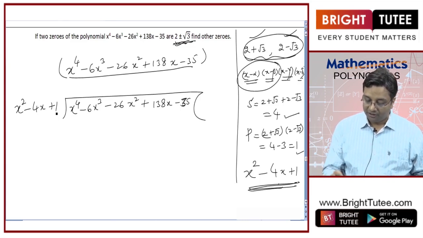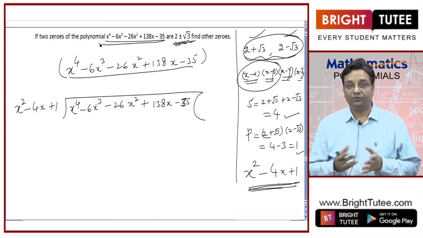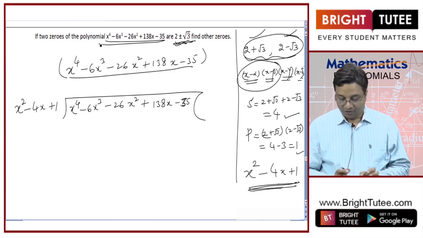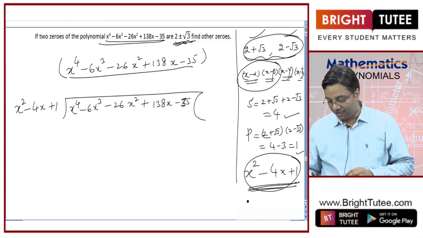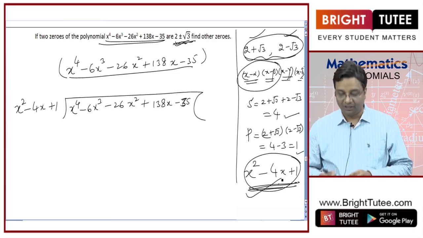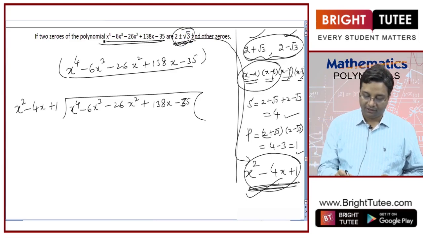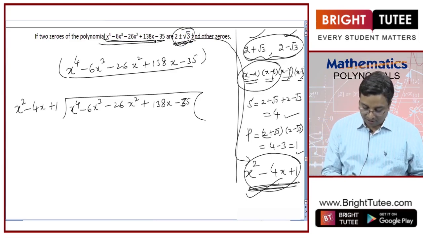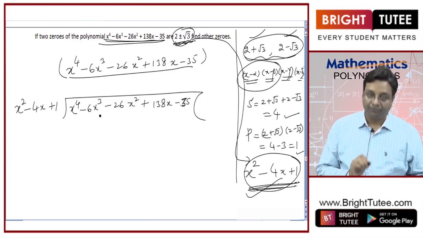It is because this biquadratic consists of two factors, let's say, out of which one is this one. We are finding the second factor. And why do we know that this is one of the factors? Because these two zeros are given, and these two zeros will make this a factor of this biquadratic. So let's divide.